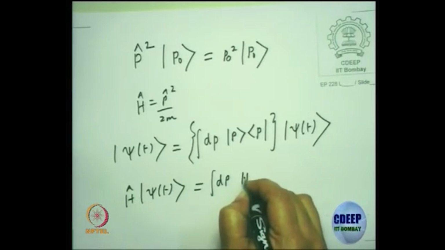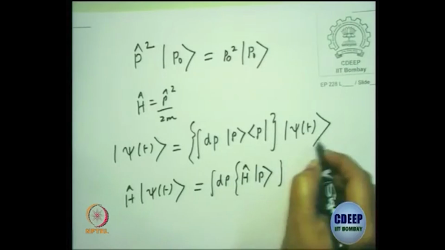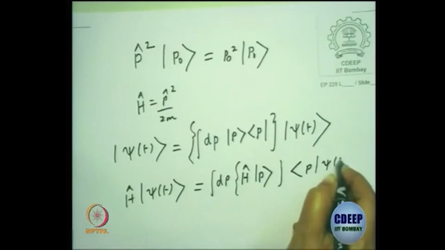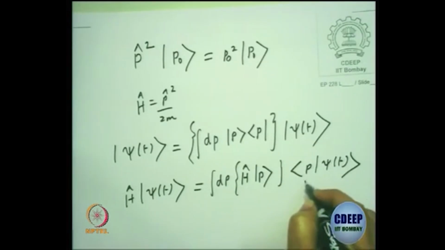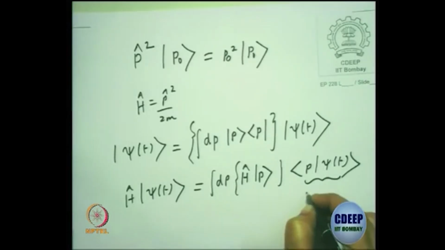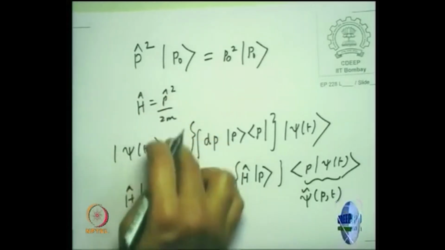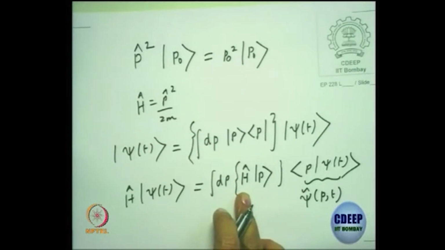This will be H on p. And what will I call the inner product of p with psi of t? So this is a Fourier transform of your wave function, psi tilde of p, t. So we will call this psi tilde of p, t, and H on p for p equal to p squared over 2m will give you just an eigenvalue.